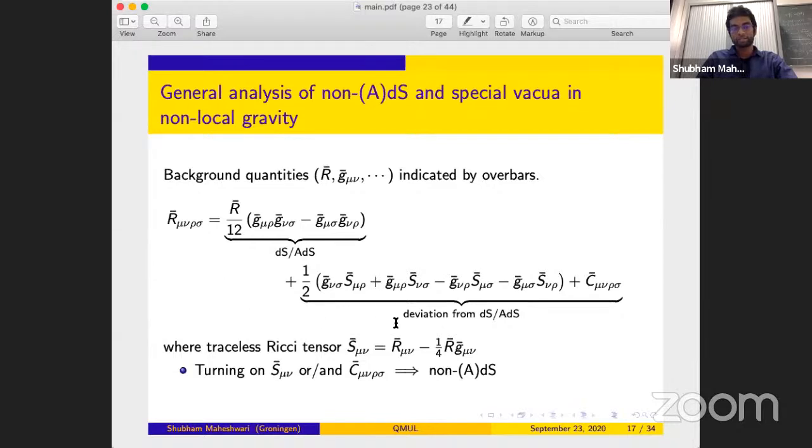In the second row, you have terms composed of the Weyl tensor and the traceless Ricci tensor. So this S_μν is the traceless Ricci tensor, which indicates any sort of deviation from de Sitter or anti-de Sitter. If you want to go beyond dS and AdS, you need to either turn on your Weyl tensor or turn on your traceless Ricci tensor.